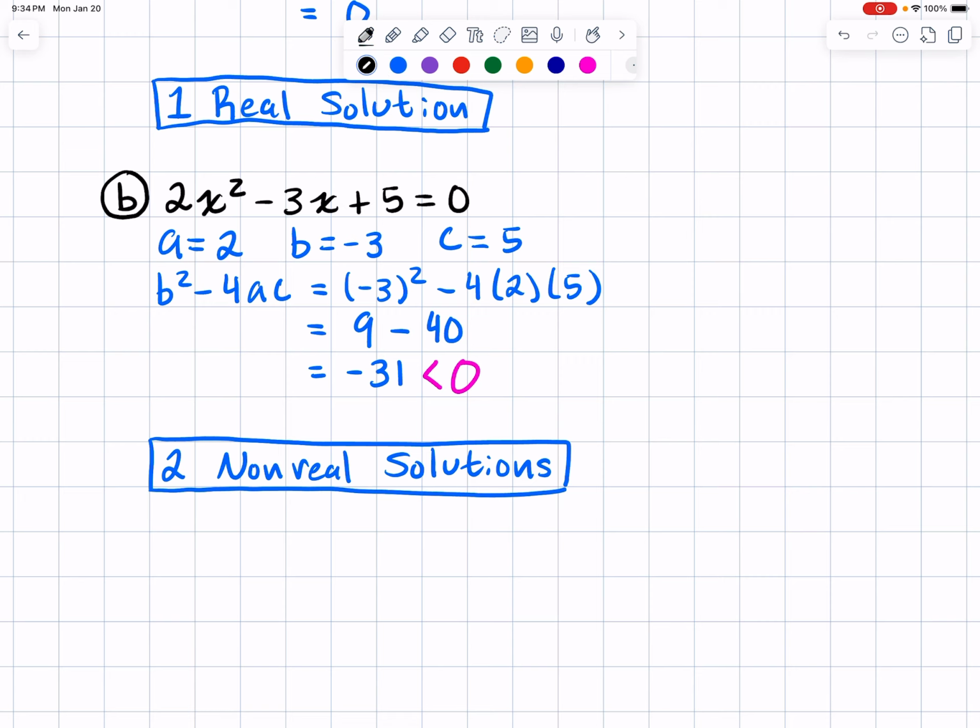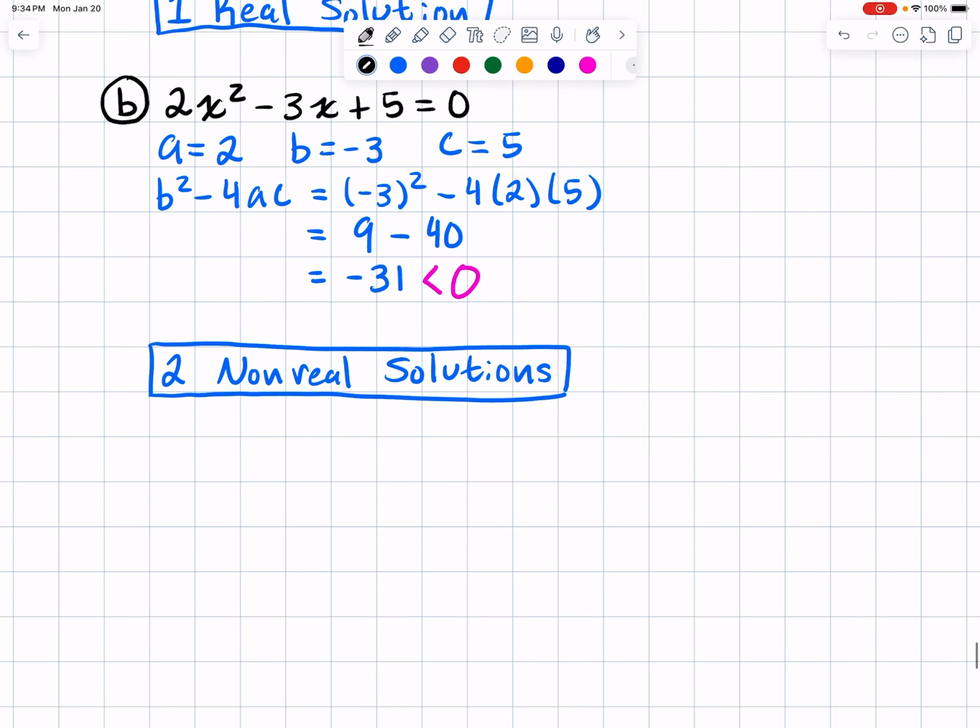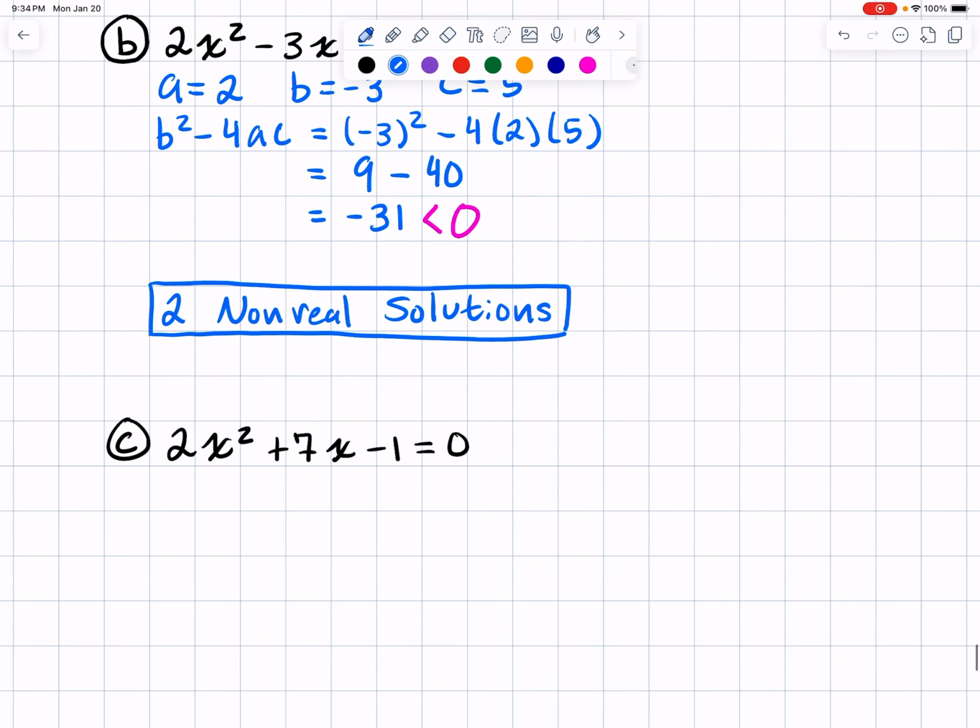Okay. And finally, part C. We have 2x squared plus 7x minus 1 equals 0. Again, we just want to figure out what A, B, and C are. A is 2, B is 7, and C is -1.